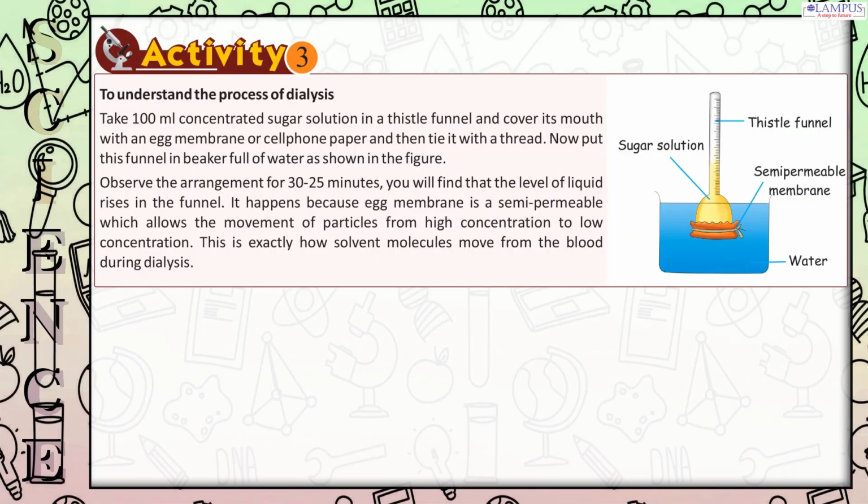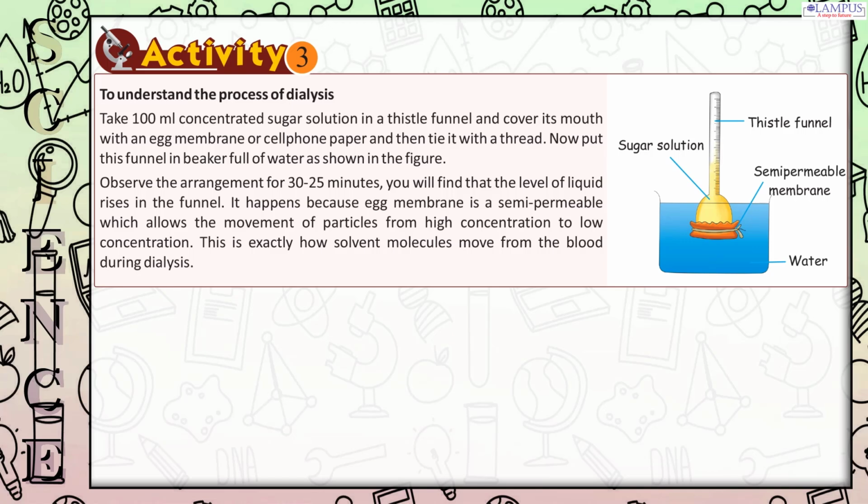Activity 3. To understand the process of dialysis, take 100 ml concentrated sugar solution in a thistle funnel and cover its mouth with an egg membrane or cellophane paper and then tie it with a thread. Now put this funnel in a beaker full of water as shown in the figure.